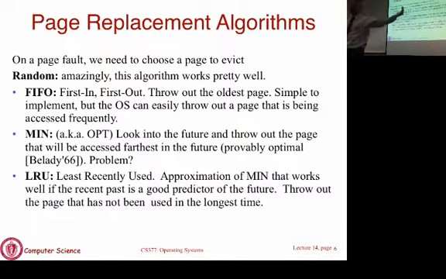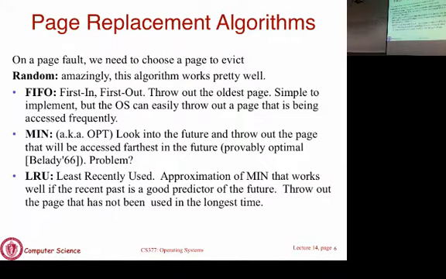So the one that is accessed the farthest in the future is C, because C is going to be accessed many, many instructions later. So if you want to defer page faults, you're going to throw out C. By throwing out C, you've deferred the page fault by 100 instructions. If you threw out A or B, you would have deferred the next page fault to either 10 or 2 instructions. So what this says is look into the future and throw out the page that's accessed farthest into the future.